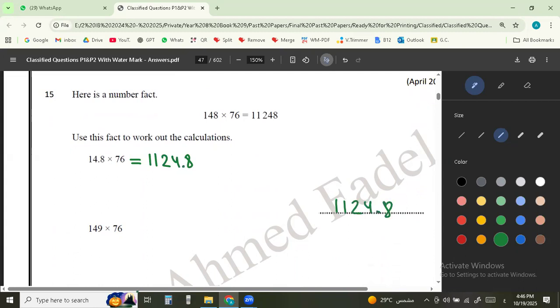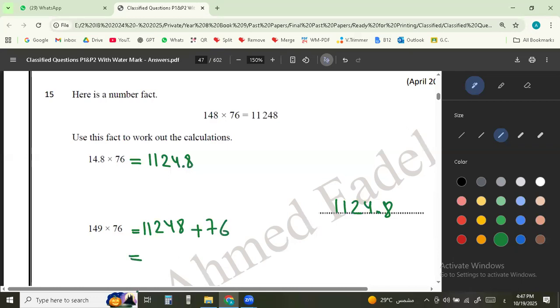1124.8. Here, this times 76. It is the same as 11,248, but I have one more 76. So I'm multiplying here not 148 76s, it is 149 76s. The same, but add to it 76.